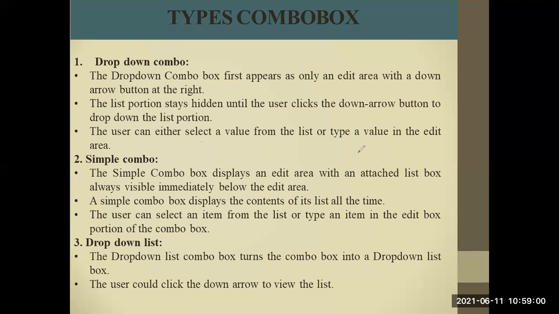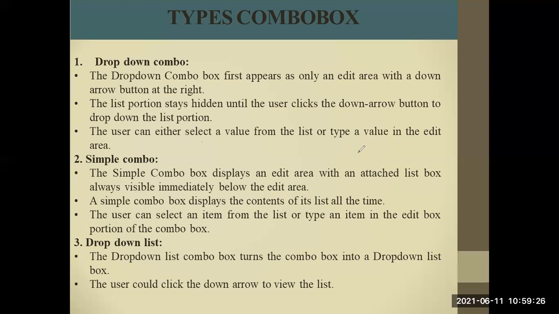Then a simple combo box displays the content of the list all at a time. So as you use the simple combo box, the content of the items is all visible to the user at all times.